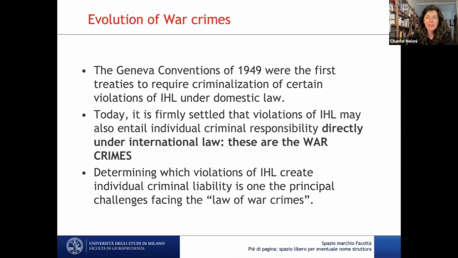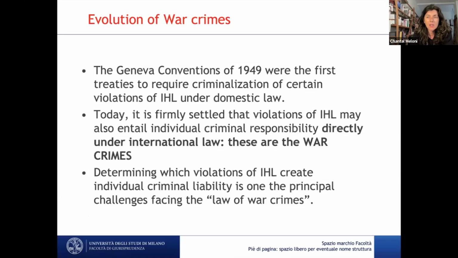And indeed, historically, it has been one of the main challenges, and is still in a way one of the challenges faced by judges, to understand what provision creates direct criminal liability on individuals in international law. Because this is something that needs to be said and understood very clearly from the beginning, that international law, and particularly international criminal law, develop, evolve, change.